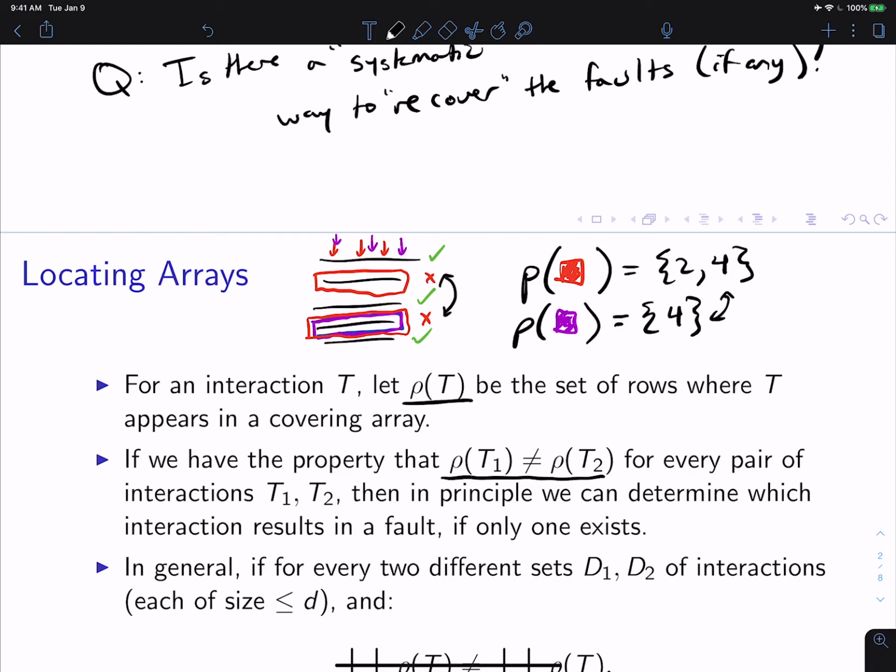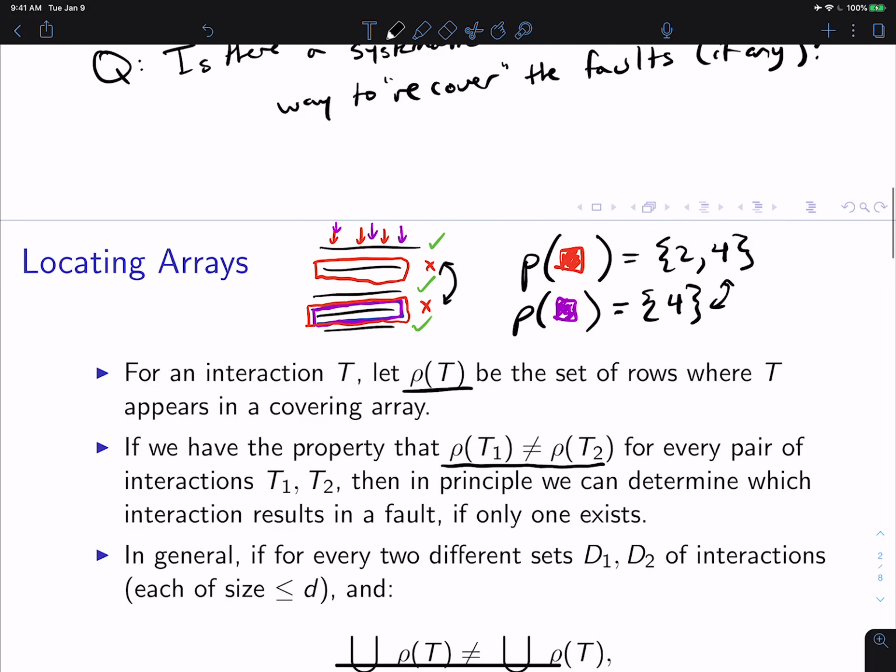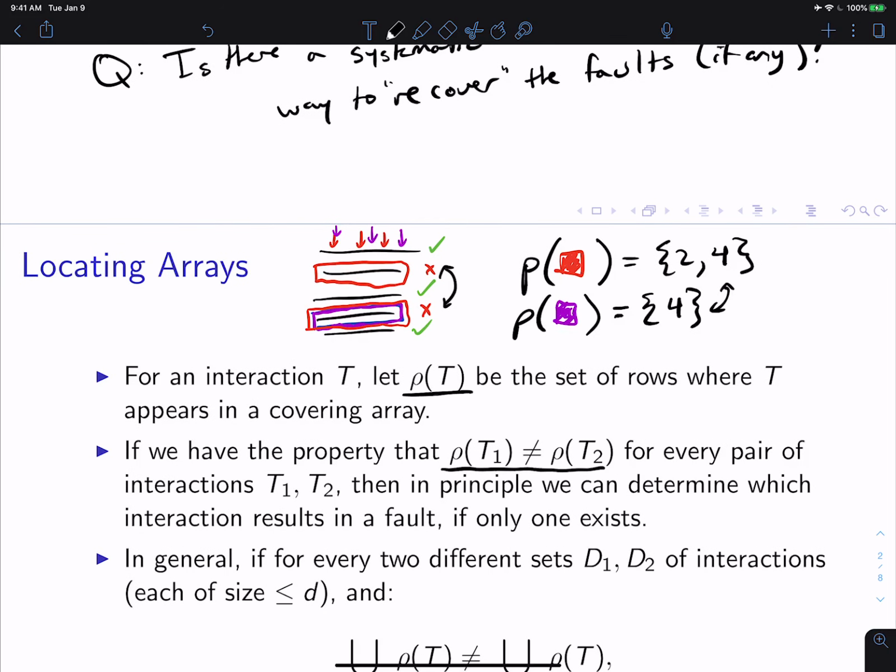It must appear in the rows of some interaction, but since the sets of rows are always different for every pair, there must be exactly one interaction that appears exactly in the rows where the tests failed. So in principle, we can determine which interaction causes the fault.